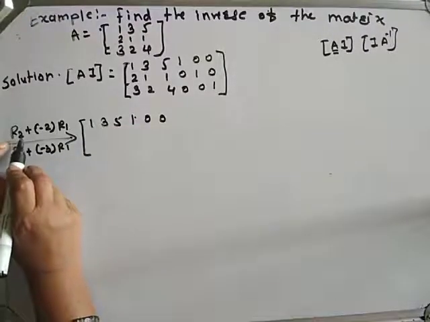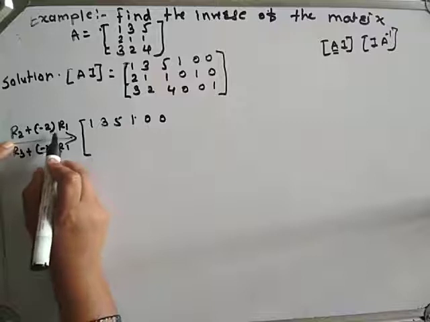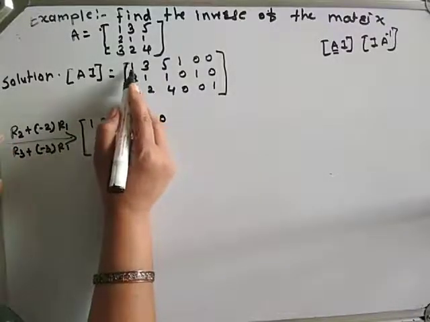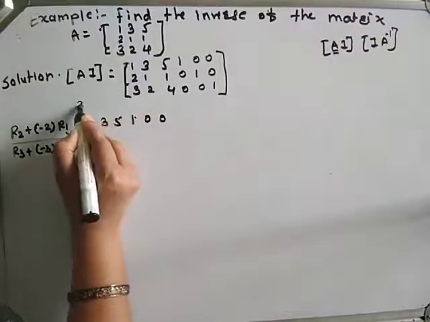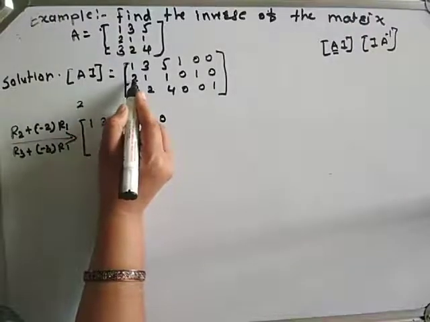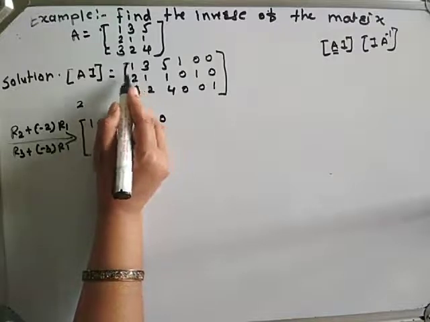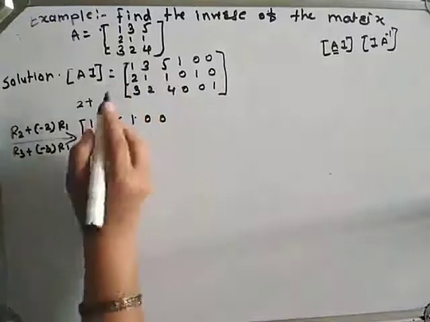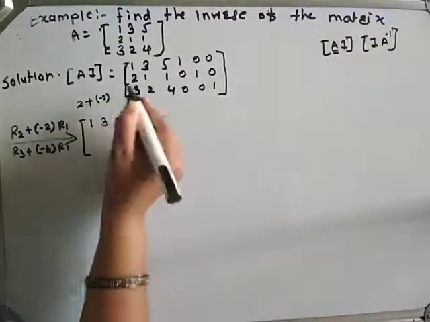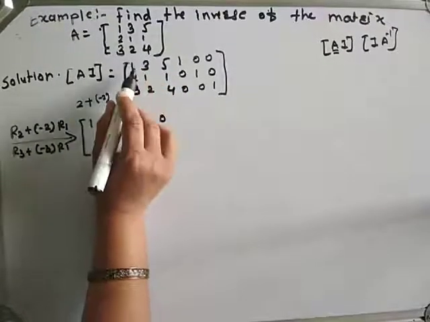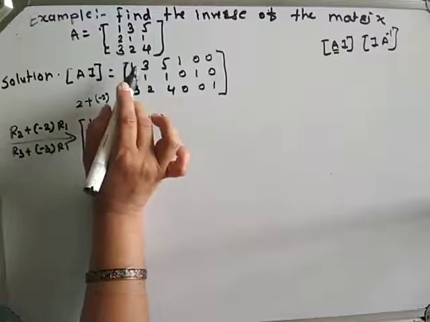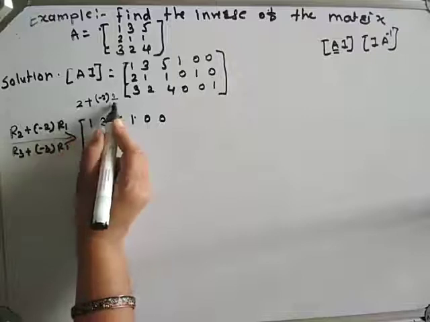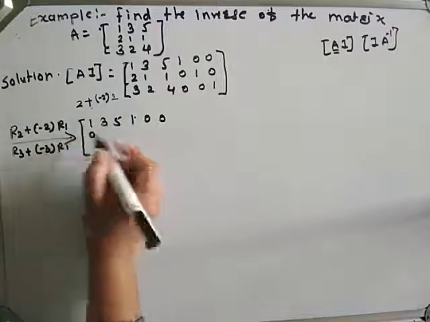What is the row operation? R2 plus minus 2 into R1. The first entry of the second row is 2 plus minus 2 into the first entry of the first row, which is 1. So 2 plus minus 2 is 0.